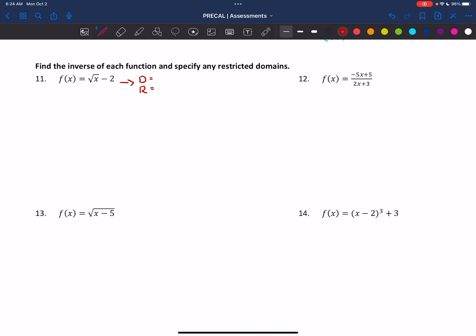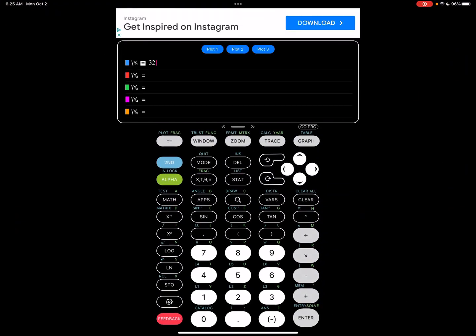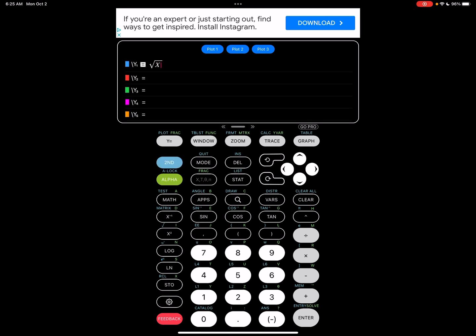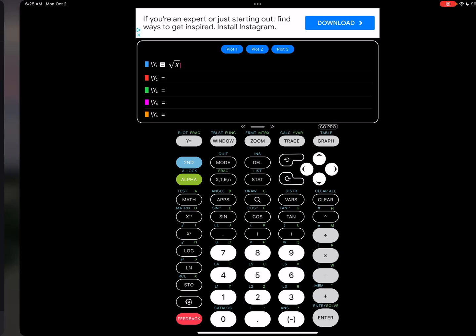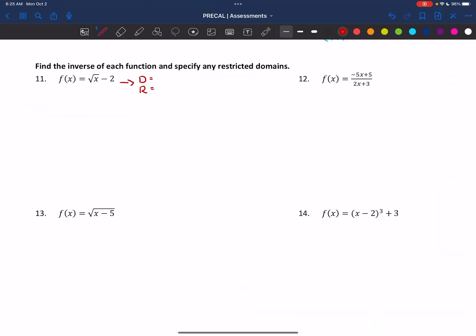The domain for this function, you could check it by graphing. Let me grab that calculator. It is the square root of x, and then outside the parentheses, minus 2.